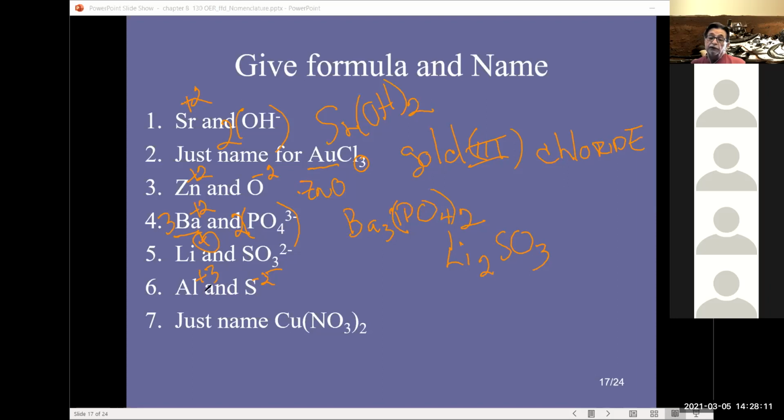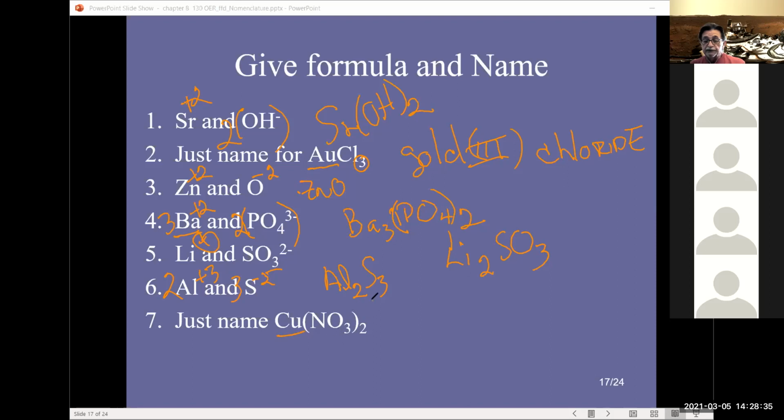So we're going to need a common number of 6. So we're going to need 2 aluminums and 3 sulfides. And so our formula would be Al2S3, aluminum sulfide.